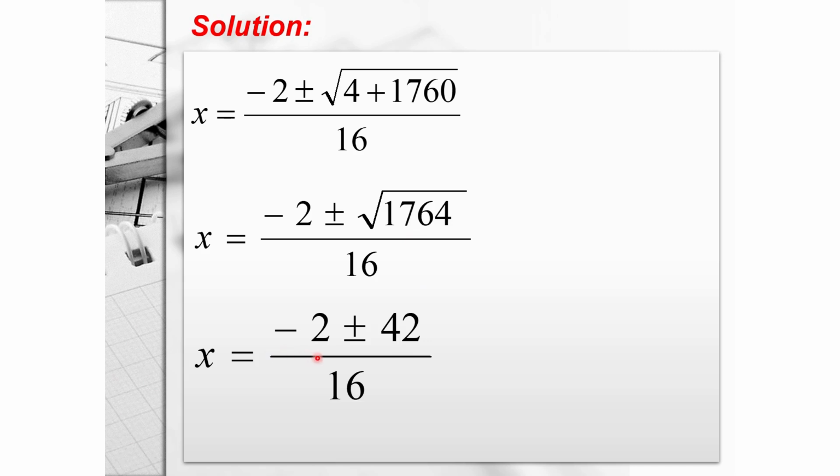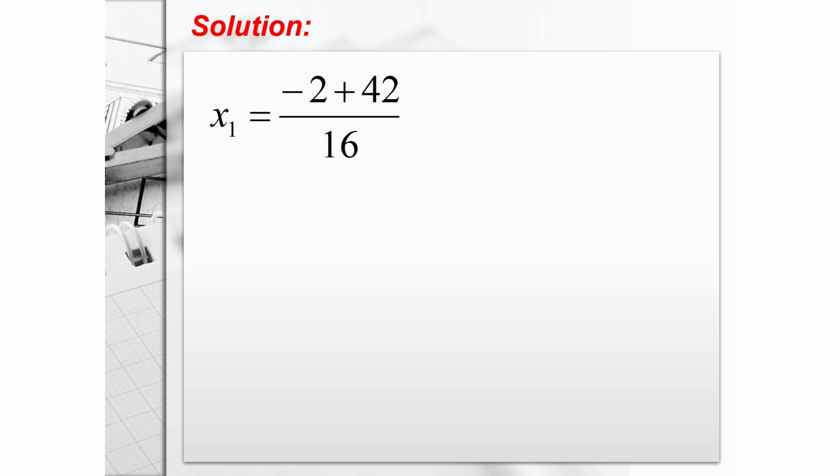So, negative 2 plus minus 42 all over 16. We have to separate the plus and minus sign in 42. So, x sub 1 is equal to negative 2 plus 42 all over 16. And x sub 2 is equal to negative 2 minus 42 all over 16.